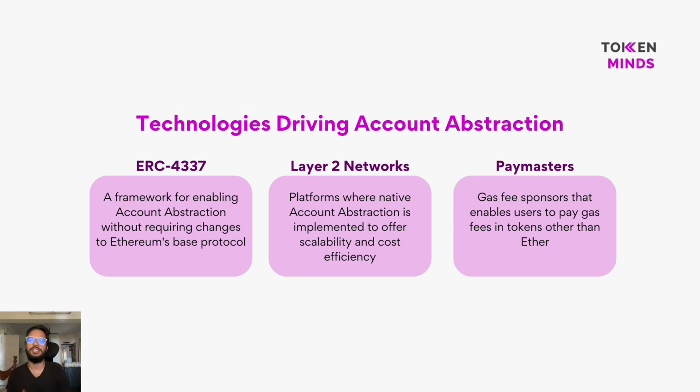zkSync Era had it natively built in. In Ethereum right now, because the protocol cannot be changed, an alt mempool is created, and this alt mempool is natively built into zkSync Era. So the zkSync Era chain has natively built-in account abstraction, and every node of zkSync Era can behave as an alt mempool.